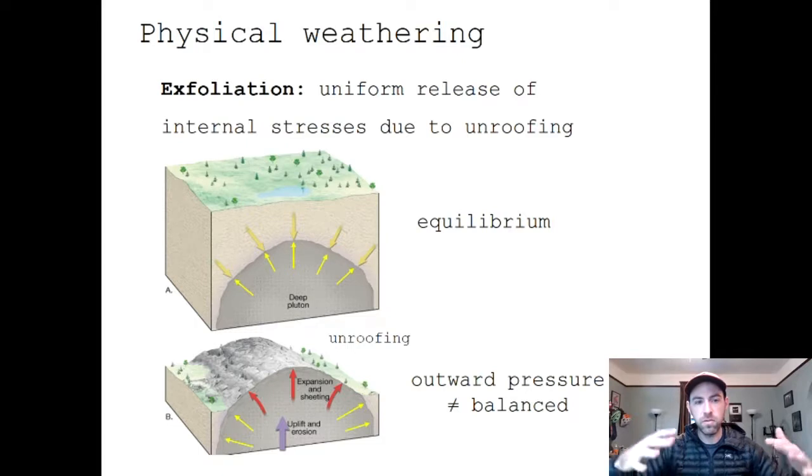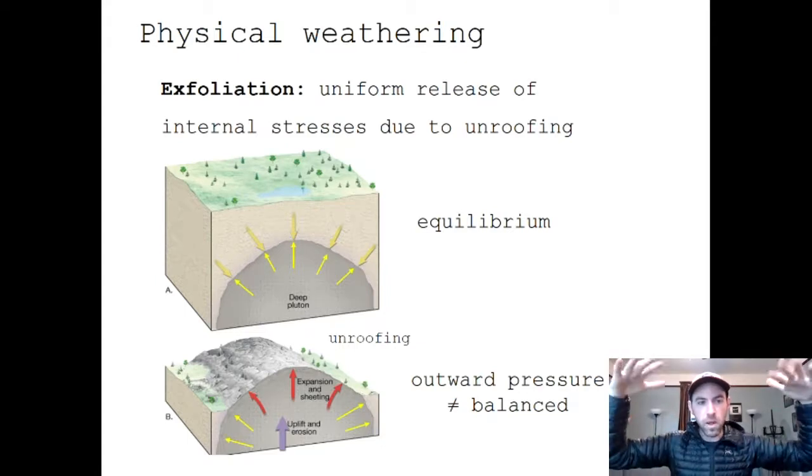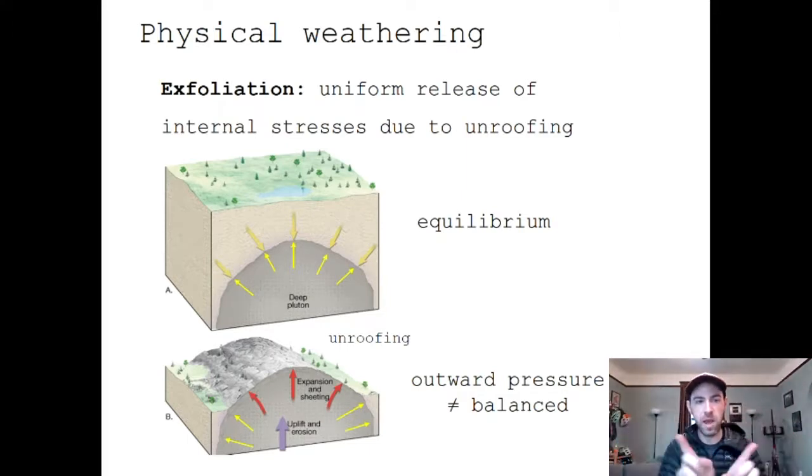If you have a pluton that forms at depth, it is forming under a uniform stress field, where the overlying rock produces a stress that is balanced by an outward force within that pluton, right? So these arrows are the stresses applied by the surrounding rock, putting pressure on the pluton as it's forming, and that is in balance with pressure inside the pluton, right?